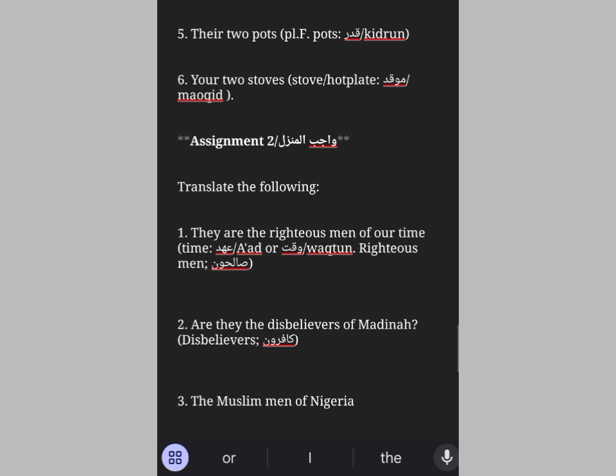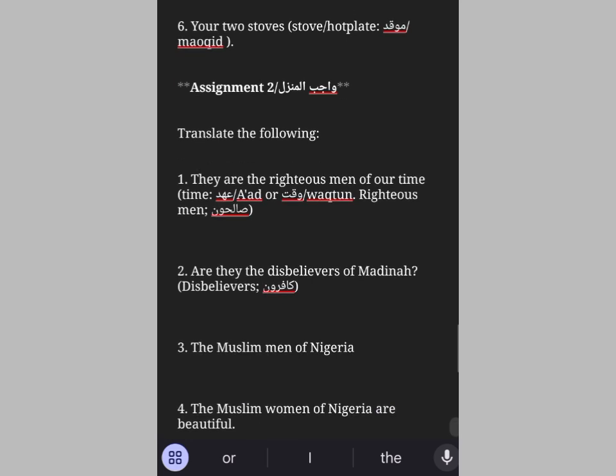Righteous man is salihun. No need to put rijal anymore. If you put rijal, there's going to be another format of sentence entirely. Salihun is enough to be translated as righteous men, so don't put rijal or man separately.